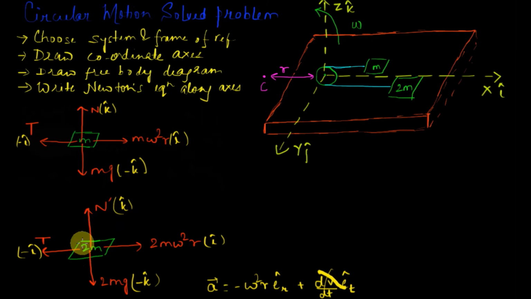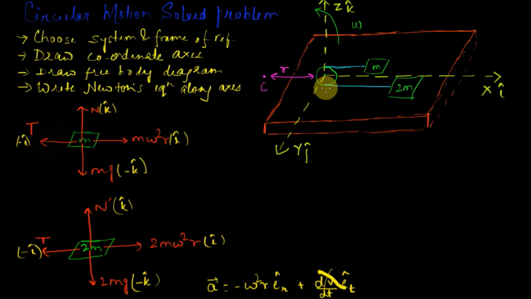And on this object of mass 2m, again the forces will be similar to what we have seen. There will be its weight, which will be 2mg along minus k cap, normal reaction N dash from the table along k cap, and the tension T from the string. Now just note here that the tension which acts on this 2m is the same as what acts on m. Why have we taken the tension the same?